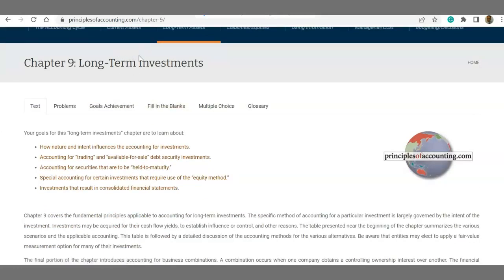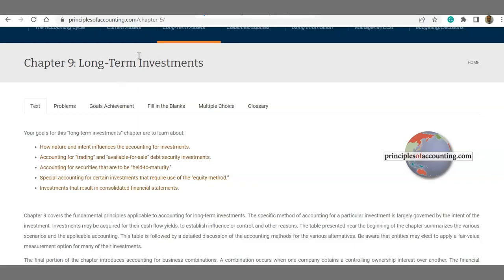Long-term investment is the second category of your classified balance sheet. The first category is current assets. The second category is long-term investment. The third category is PP&E, property, plant, and equipment that you use in your business on a daily basis. The fourth category is intangible assets, and the fifth category is other assets.